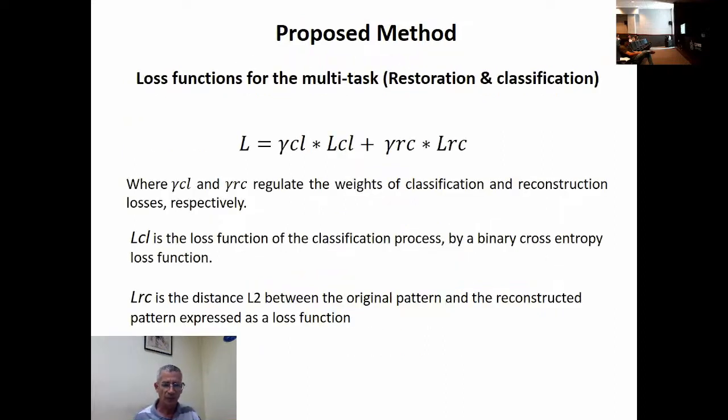For training the model, we define these loss functions for the multitask restoration and classification, where gamma CL and gamma RC regulate the weight of classification and reconstruction loss, respectively. LCL is the loss function of the classification process, a binary cross-entropy loss function. LRC is the L2 distance between the original pattern and the reconstructed pattern.